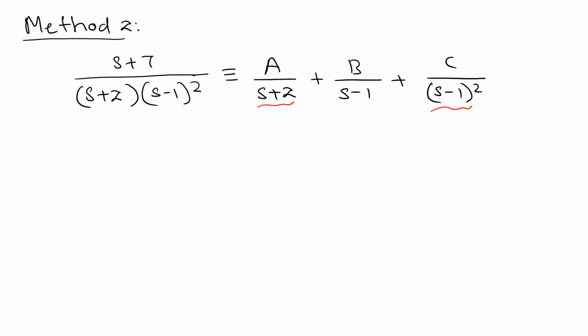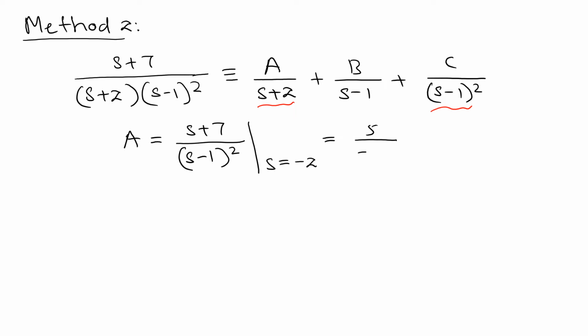So for A, you're going to cancel S plus 2. You're going to get A like this. Here is S plus 7, and you only ignore the S plus 2 term. You cover up the S plus 2 term and plug in the zero, which is -2. So you get 5 over (-3) squared, which is 5/9.